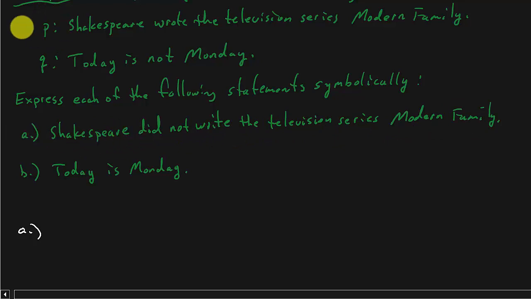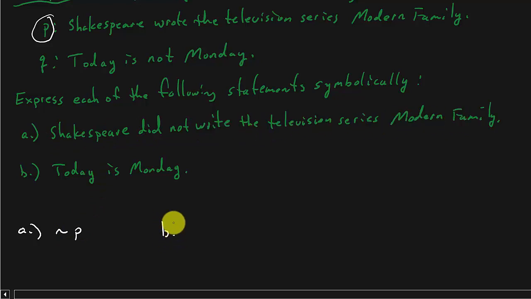How would we express the negation of this statement symbolically? Remember, P represents the statement. So the negation would be not P. This is how we express it in symbols. P represents this statement, and this little symbol here is the tilde symbol. This means not P, which is the negation.